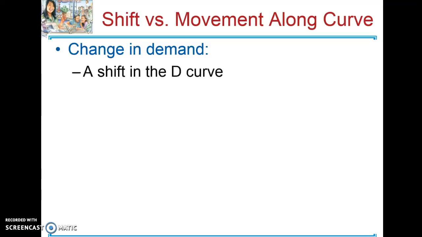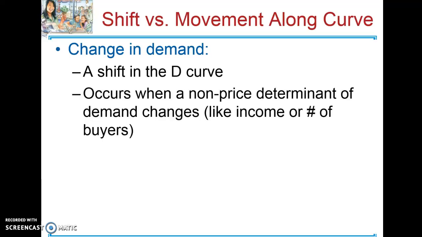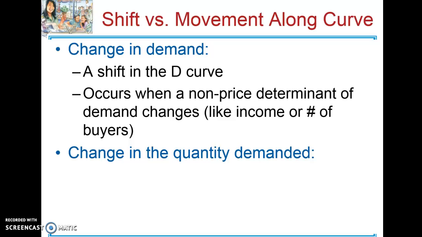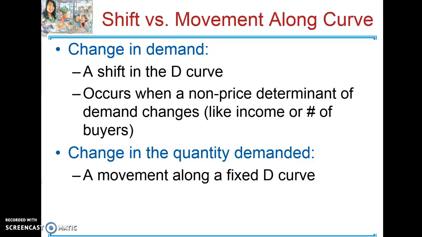If there's a change in demand, we have a shift in the demand curve, and that occurs when you have a non-price determinant of demand, so income is changing, or maybe the number of buyers. A change in the quantity demanded is just a movement along the fixed demand curve. The demand curve is not shifting.